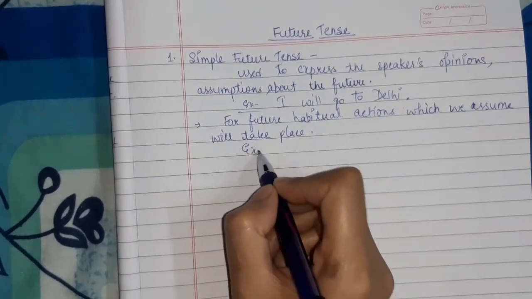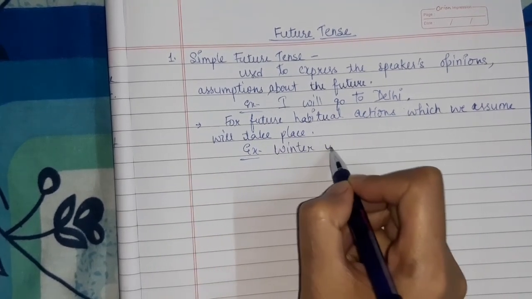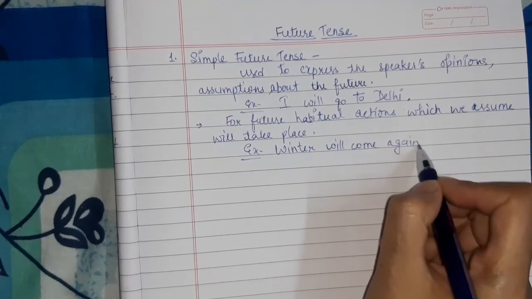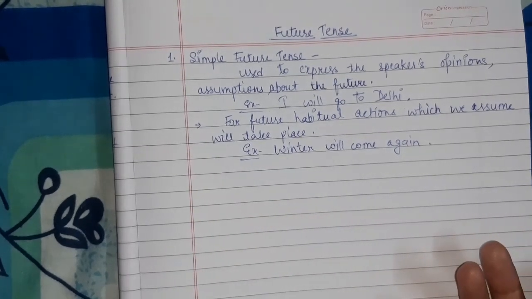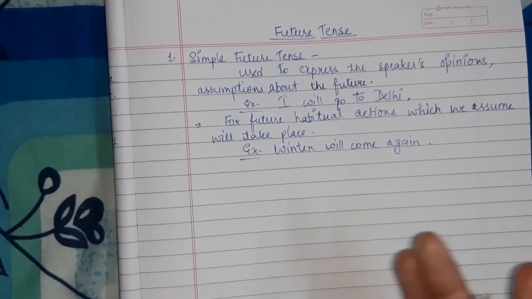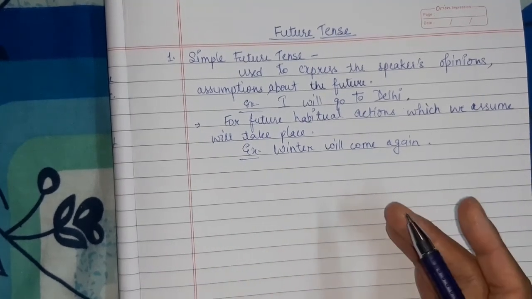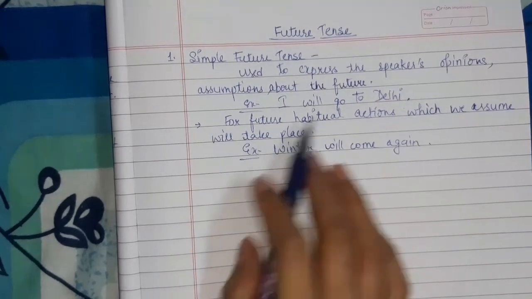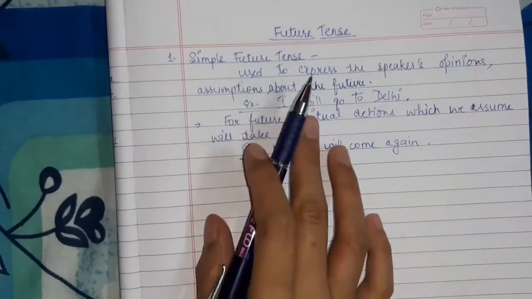Very easy example: winter will come again. Obviously this is the habitual action of season, that after summer winter comes. So when we are in the summer season, at that time we can give our assumption for the future, whatever will definitely happen. This kind of action can be included in simple future tense.